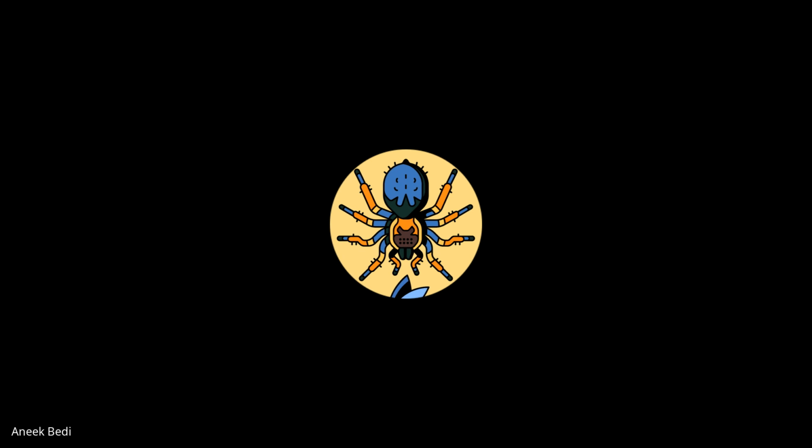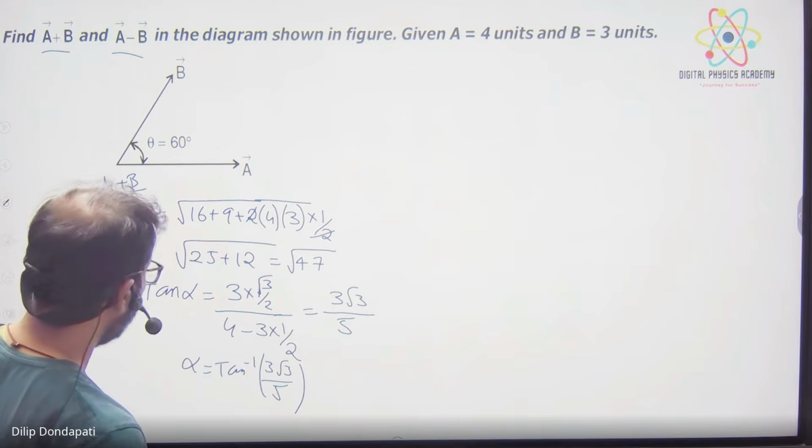Sir, that resultant value is root 37, not 47, right? Yeah, that is it.